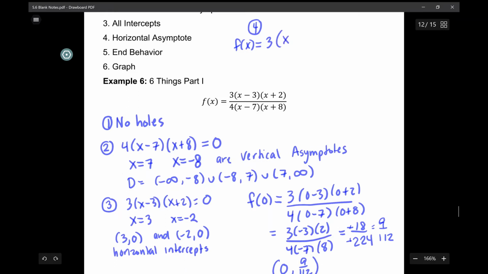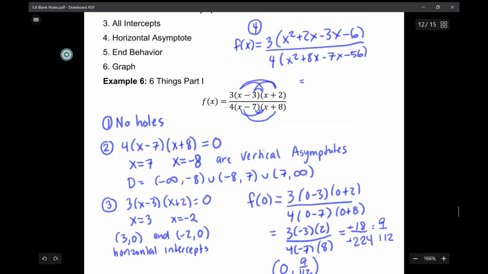And so we're going to go 3, and let's FOIL these guys. So that's x squared plus 2x minus 3x minus 6 for the numerator. And let's do the denominator too. 4 times x squared plus 8x minus 7x minus 56.